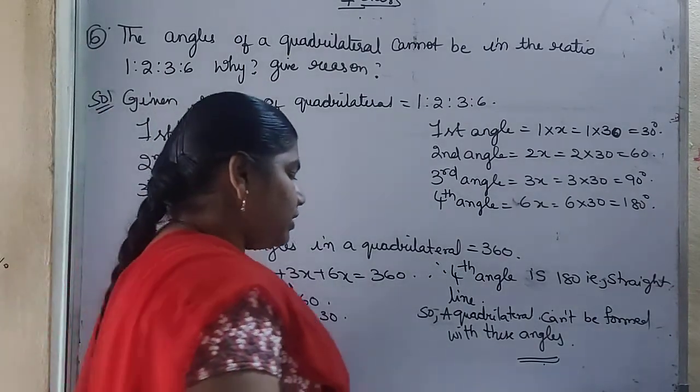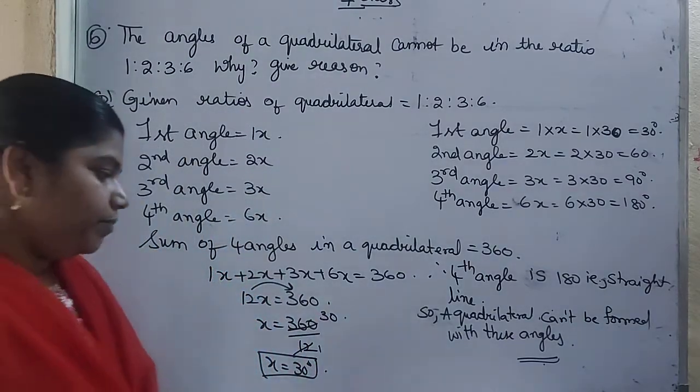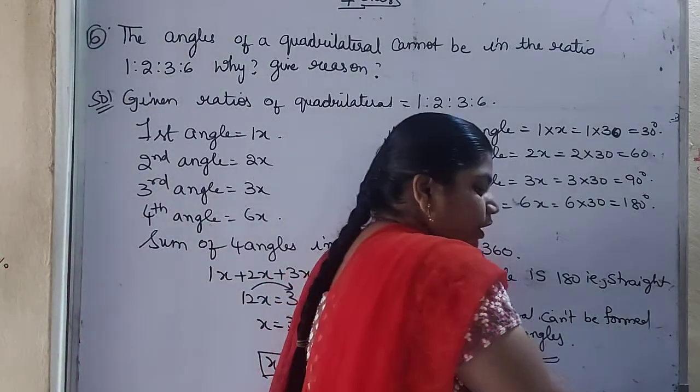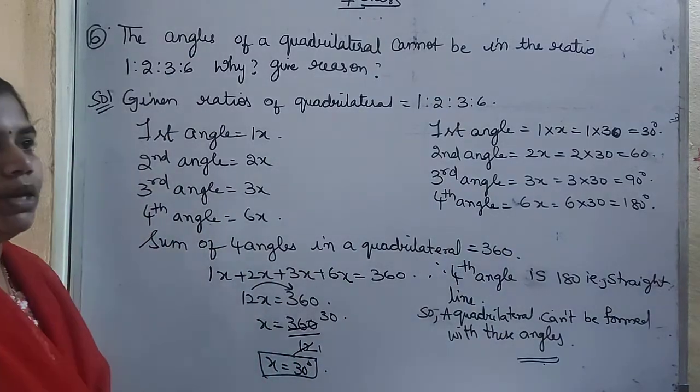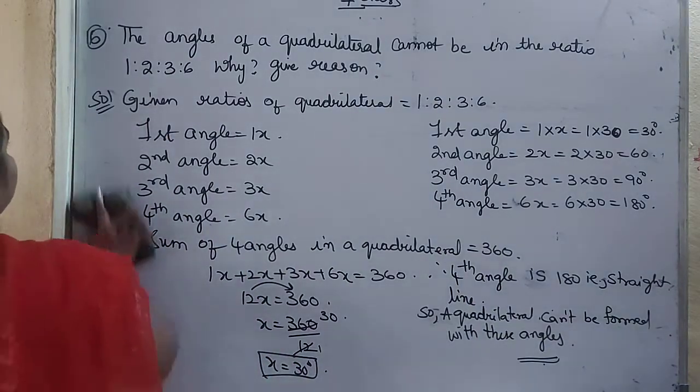So with this our exercise 1 is completed. Next we are talking about the types of quadrilaterals. So how many types of quadrilaterals are there? We will learn.